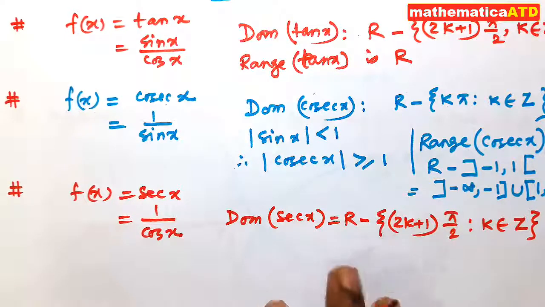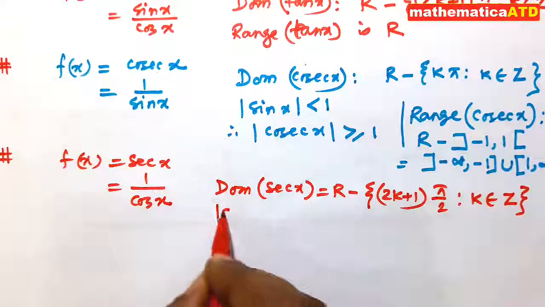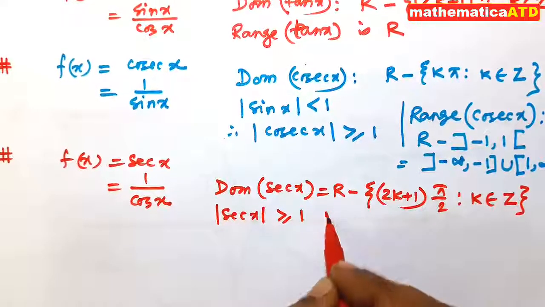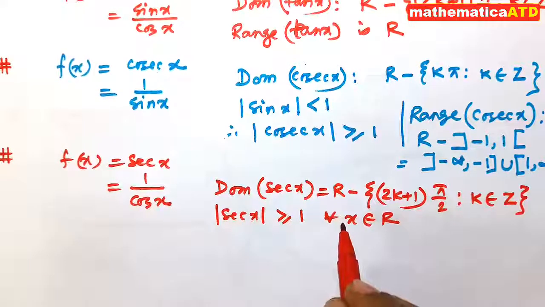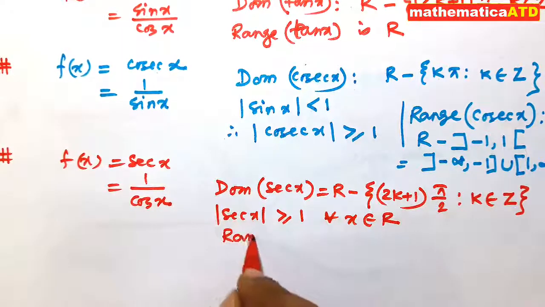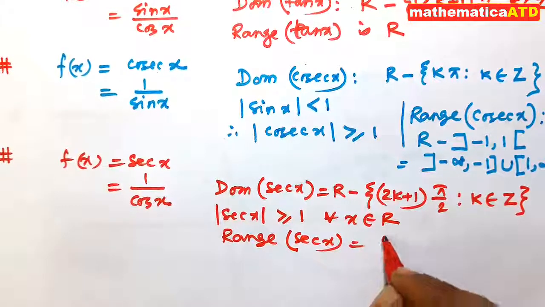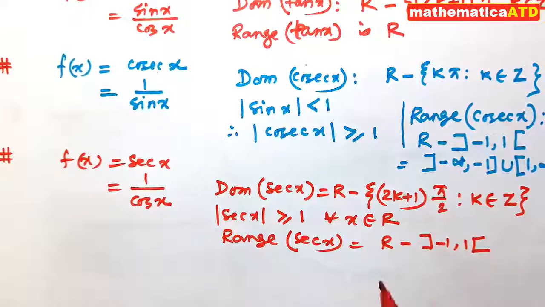And since modulus of sec x is greater than or equal to 1 for all x belongs to R, where sec x is defined, therefore what will be the range of sec x? The range of sec x is thus R minus the open interval (-1, 1).